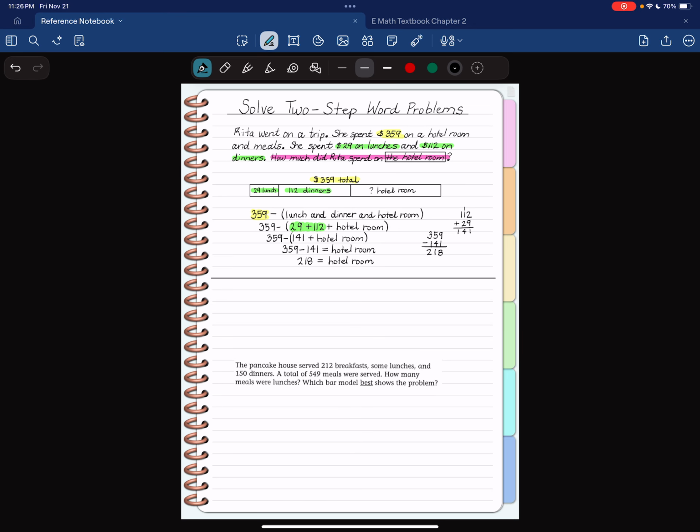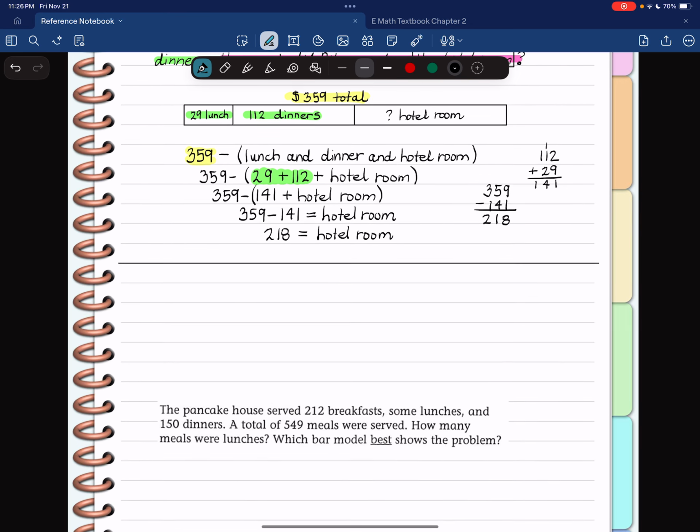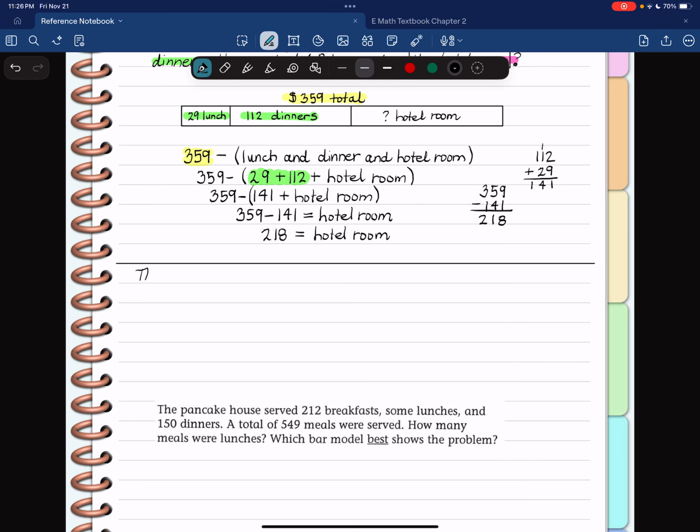The pancake house served 212 breakfasts, some lunches.